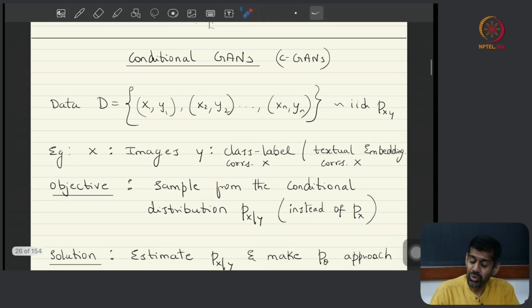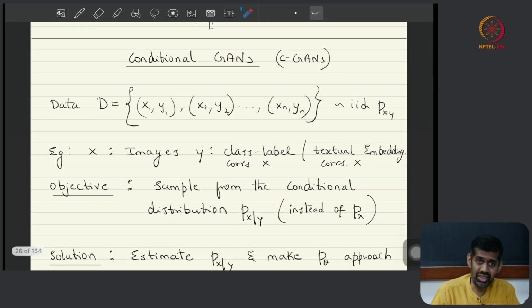Okay. So, one other important idea that would come recurrently in this course is how do you do sampling from conditional distributions. I told you that all the discussion that we did so far is for sampling from the marginals, isn't it? We start from an arbitrary random variable z and then we sample from px. Now, what if I want to sample conditionally from the conditional distribution p of x given y, where this other conditioned random variable y can denote a class.